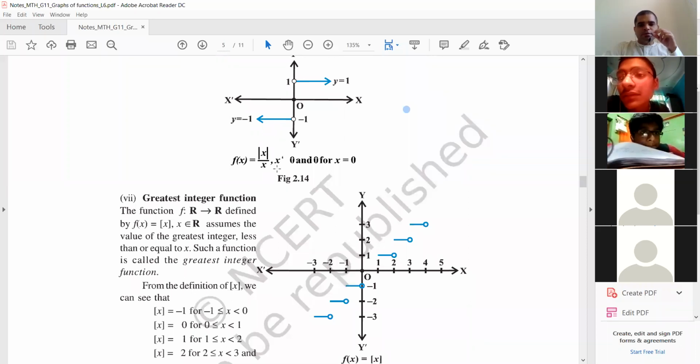For positive, it will be positive x by x, then the value will be 1 for x greater than 0. For x equal to 0, the value is 0. We do not calculate that from this, because for x equal to 0 this is not defined. The denominator becomes 0. Okay.